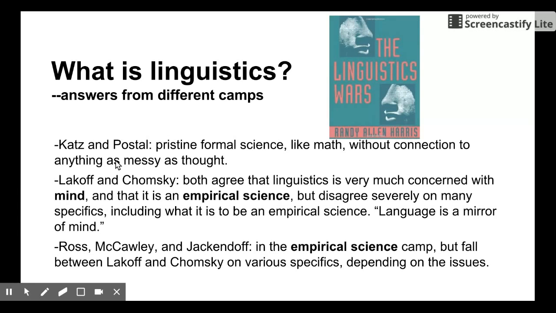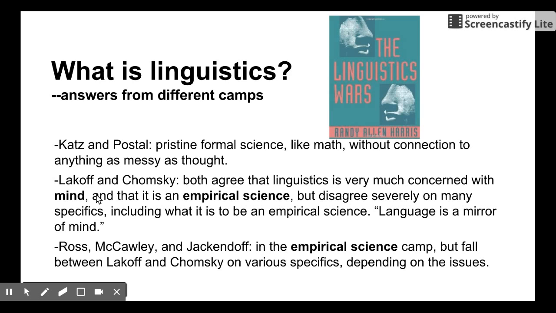Language can be considered as a collection of expressions, a collection of sounds or signs. What they want to do is to describe this collection of sounds or signs in some formal way. That's all they want to do, and they don't think language itself has something to do with the human mind.